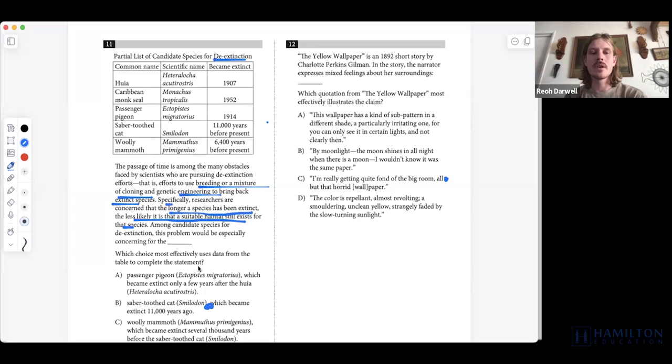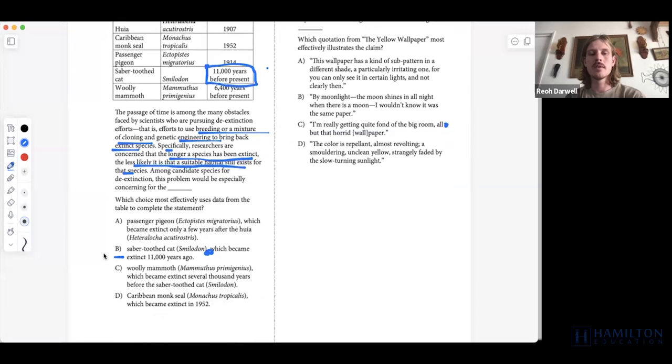So in this case, among candidate species, this would be especially concerning for, well, we would want to look for just the oldest species here, right? So it's the saber-toothed cat, because it was extinct the longest. So I think the best answer choice that we might be choosing, which is wrong, is C. All right, the woolly mammoth, which became extinct several thousand years before the saber-toothed cat.